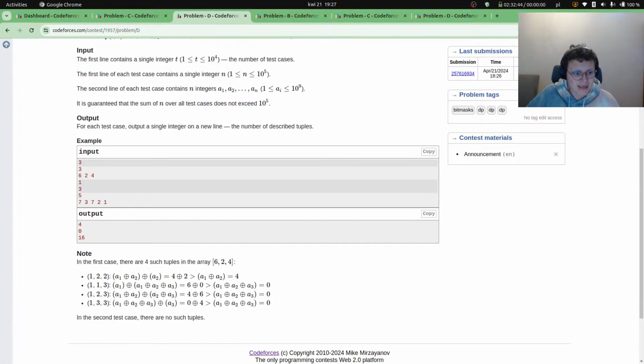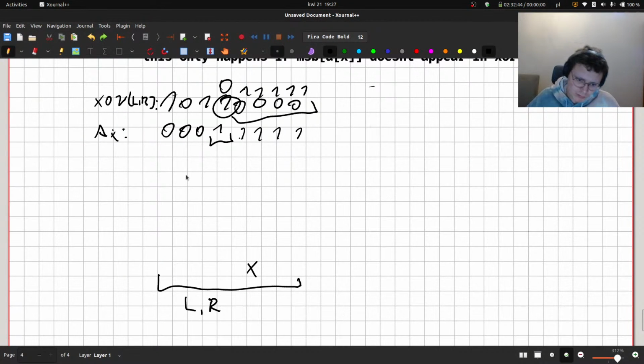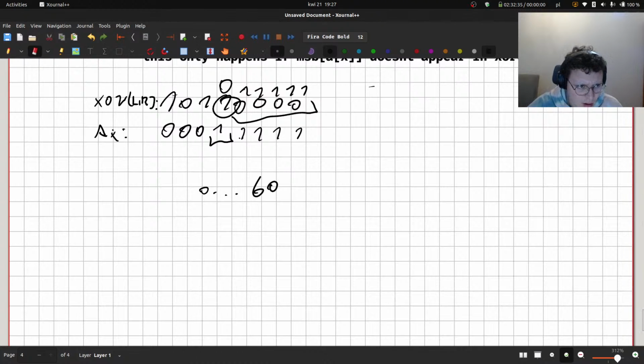So, when MSB, we will iterate over our MSB from 0 to 60, and we'll calculate prefix sums of how many times this MSB appears on some interval, right?